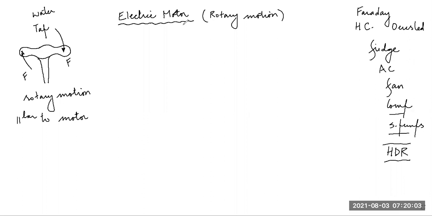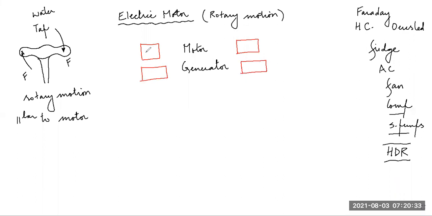Let us try to understand how an electric motor produces rotary motion. Students, one is a motor and the other is a generator. So interesting, students. In the case of a motor, what is the input? Anyone?